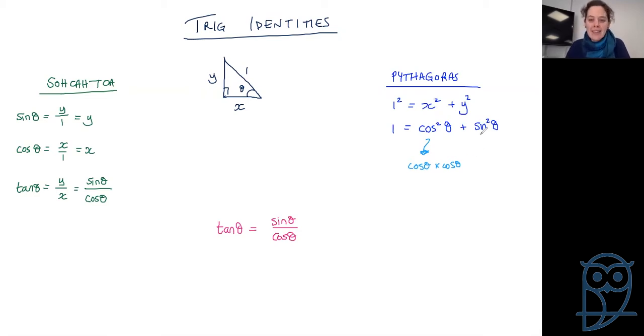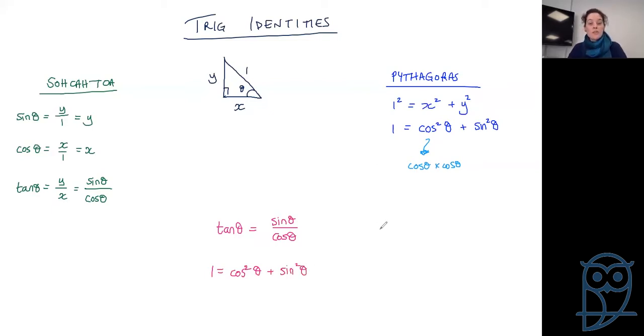Funnily enough, again, we've gotten rid of both x and y, and we have a relationship involving a cos, a sine and a 1. Now, 1 is such a lovely number to work with. So we have another beautiful relationship: 1 equals cos squared theta plus sine squared theta.